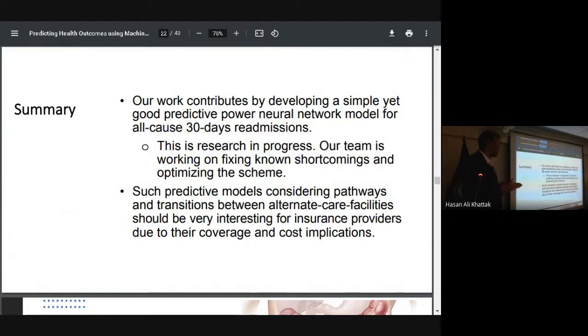This research work done by my students is still in progress, and at this time we are fixing some known shortcomings and also optimizing the scheme. Such predictive models considering pathways and transitions between alternate care facilities would be very interesting for insurance providers due to their coverage and cost implications, that's in general what we believe.